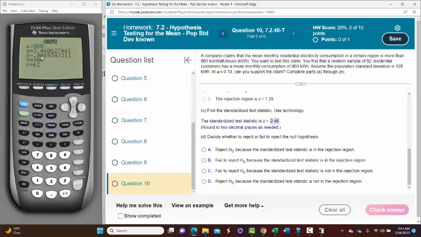The p-value is less than alpha, so it's definitely going to be reject. But this is the right wording: to reject, the test statistic has got to be in the rejection region. Answer D makes no sense. You wouldn't reject something that was not in the rejection region, so that would never be the answer.